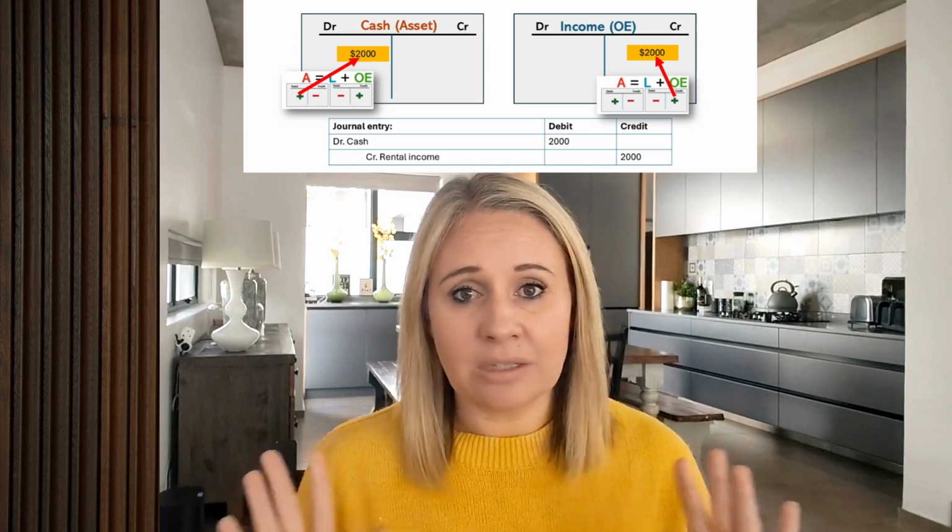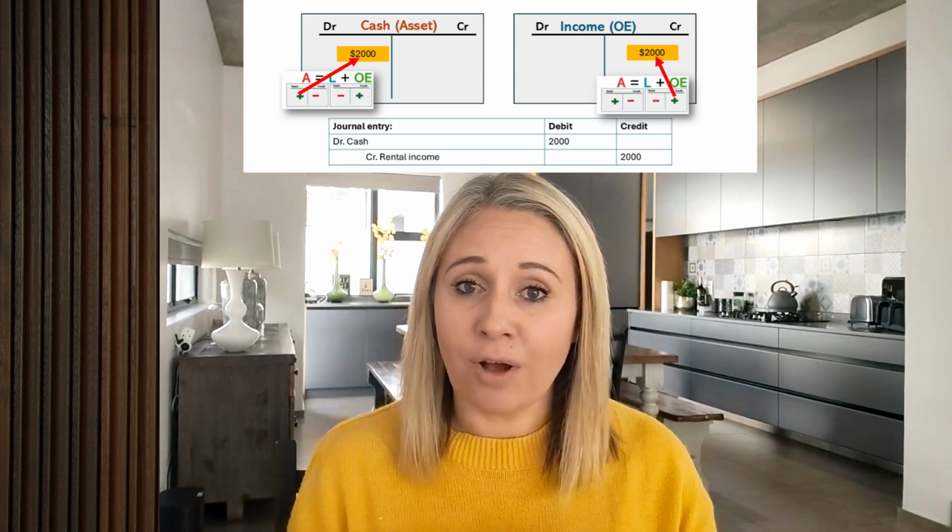We've checked which accounts needed to be debited and credited by following our three-step approach, and always remembering, as I said, whenever we look at income items, expense items, or dividend paid items, to see them through the lens of owner's equity. Have a look at their effect on owner's equity to decide if we should debit or credit.